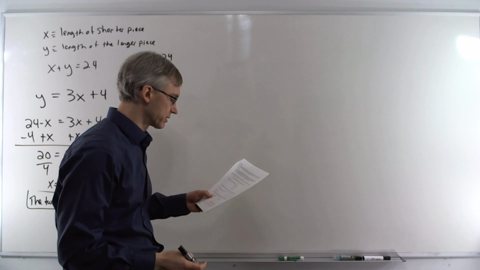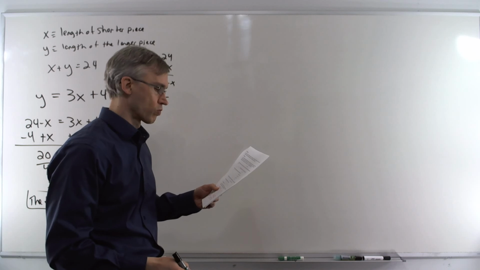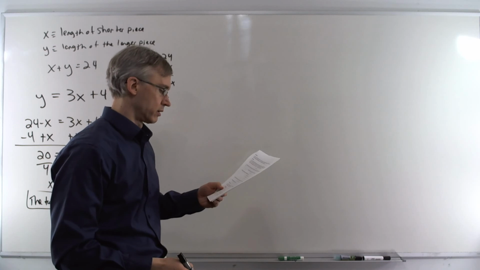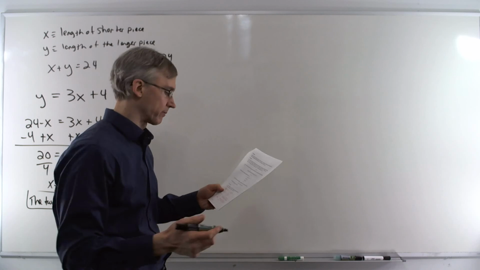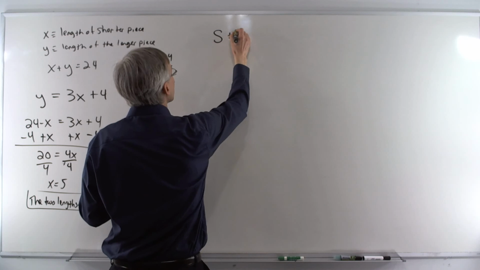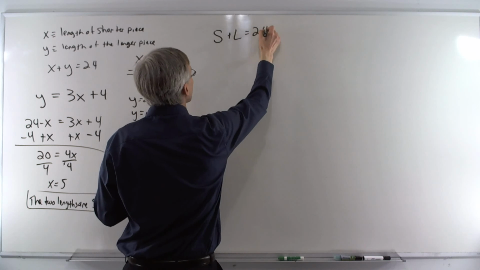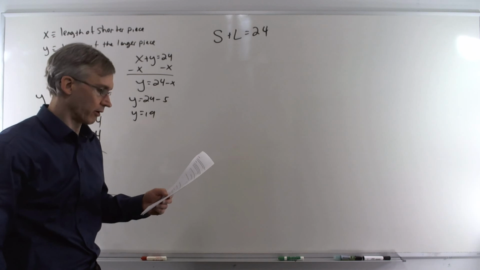Now in this case, I'm going to use some more meaningful variables. I'm going to use S and L for the length of the two pieces, shorter piece and longer piece. So S plus L equals 24.